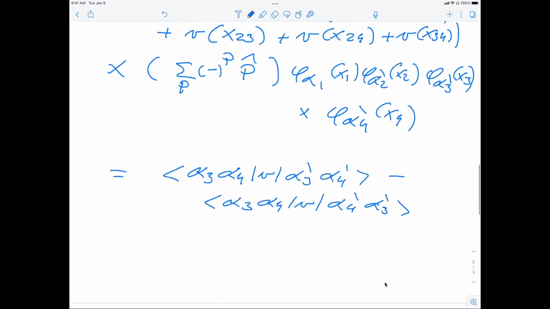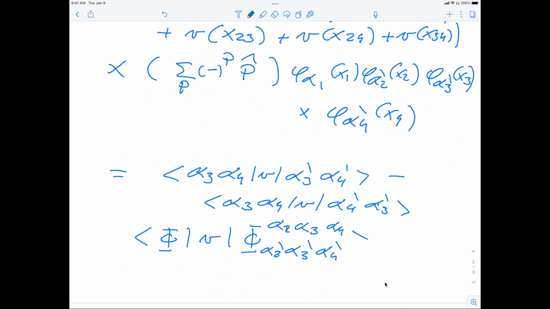So that means that if you now have phi here and an interaction of a two-body type, and then you have an alpha 2 prime, alpha 3 prime, and alpha 4 prime, and then you have an alpha 2 here, alpha 3, and alpha 4, this is automatically zero if V is a two-body interaction, because you could never get two permutations which wouldn't contain two.